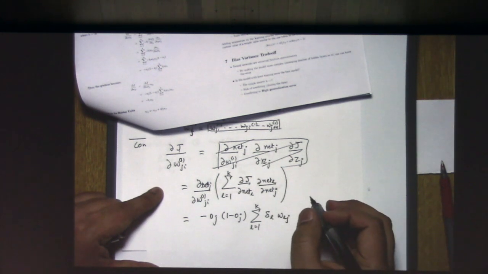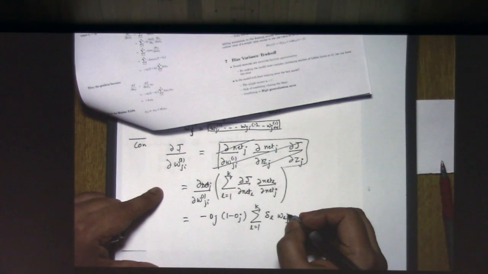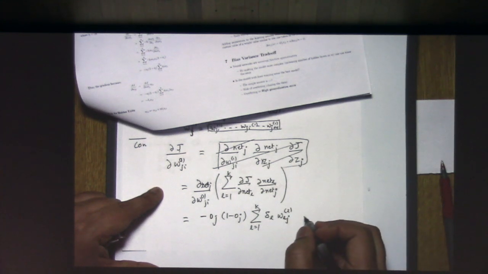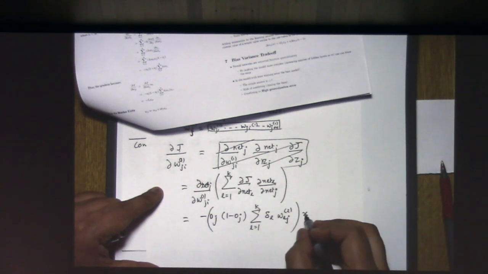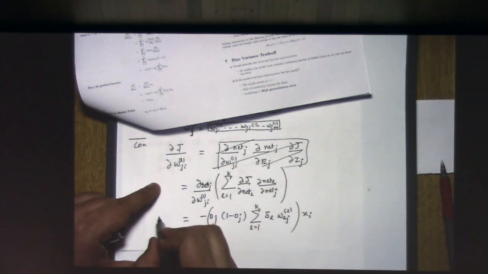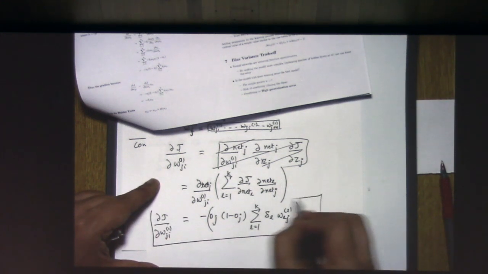WL of J, this is W1, the second layer, times X. This is the input that is coming in, remember, I. All right, so this is dj over dwj of I. The first in the input layer is this much.